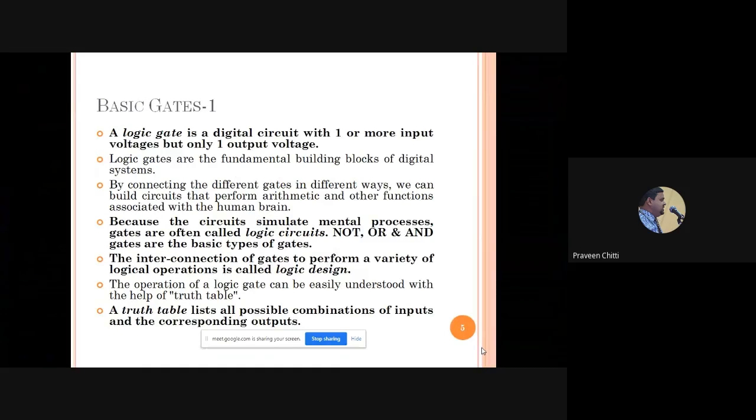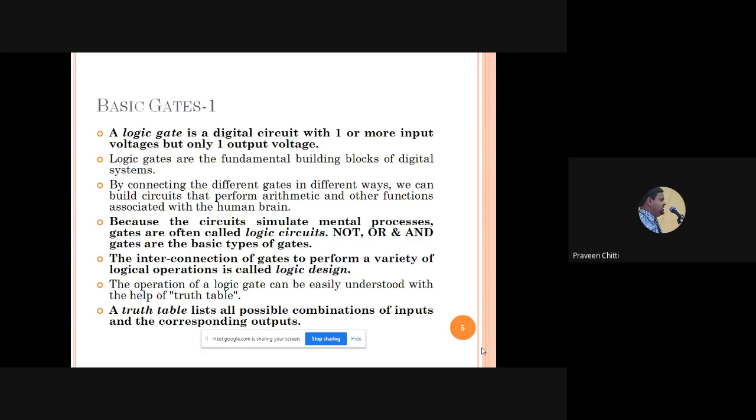Now, what do you mean by a logic gate? I have mentioned it in the slide. A logic gate is basically a digital circuit with one or more inputs and only 1 output.